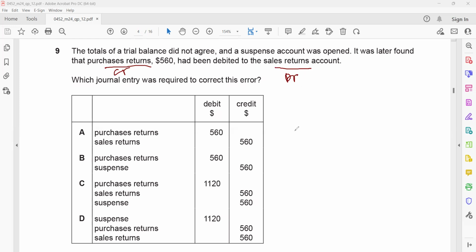So we have to reverse out the sales return account, 560. At the same time, we have to put the purchases return in the credit side. Both are in the credit side, which means you have to use suspense debit in order to balance off the account. So the answer should be D.